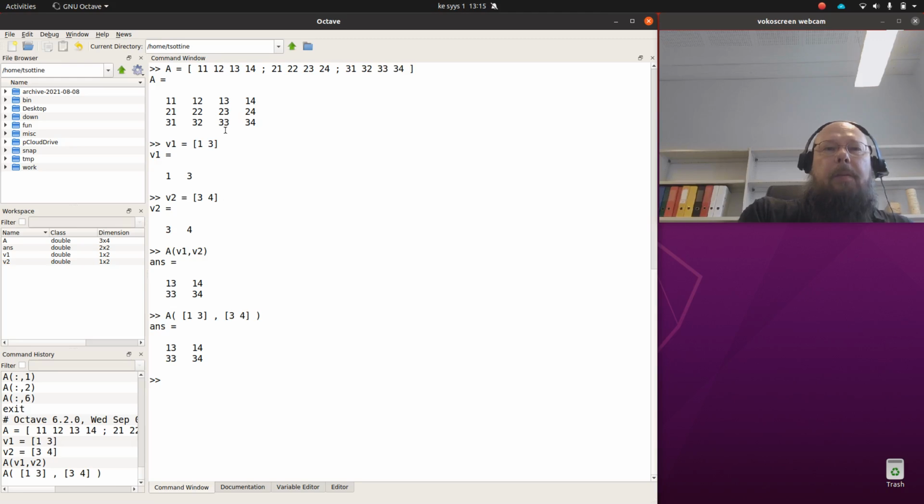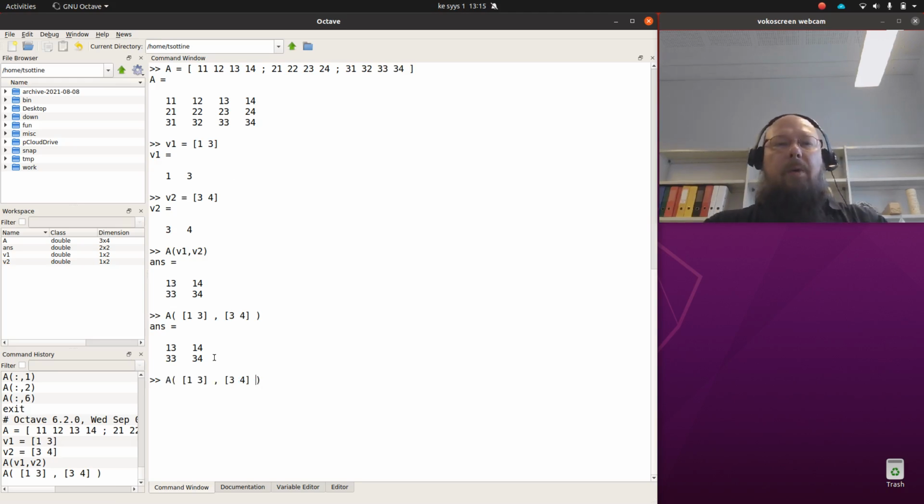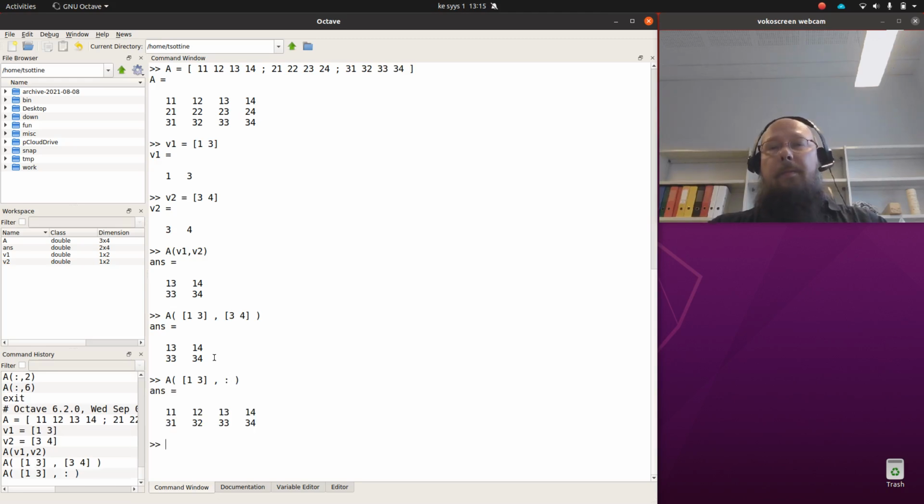So this column and this column. So we take from these columns first and third row. So 1, 3, 1, 4, and 3, 3, 3, 4. And indeed, this is what you have. I could have also, for example, taken the first row and third row and all the columns. So it works like this.